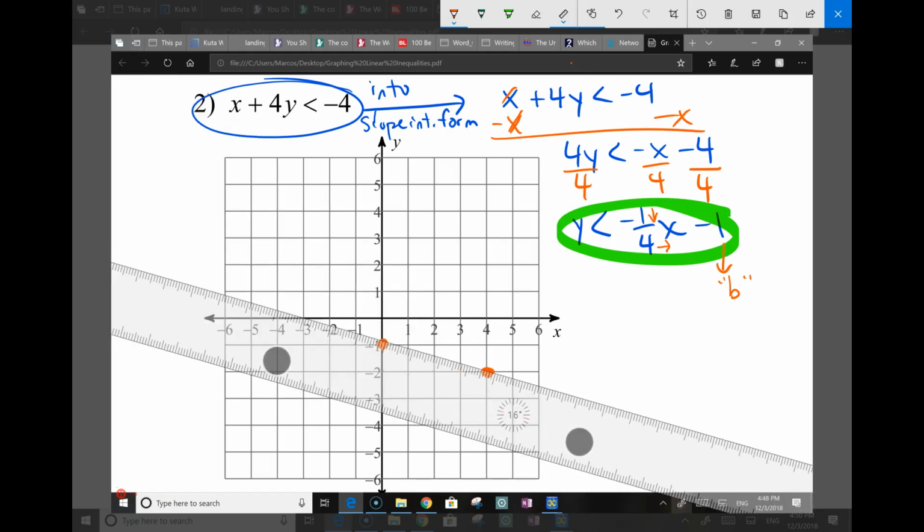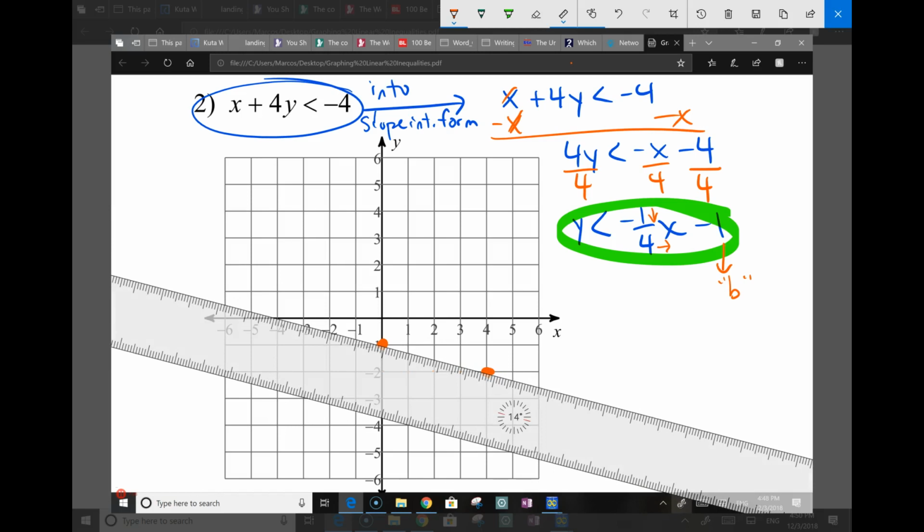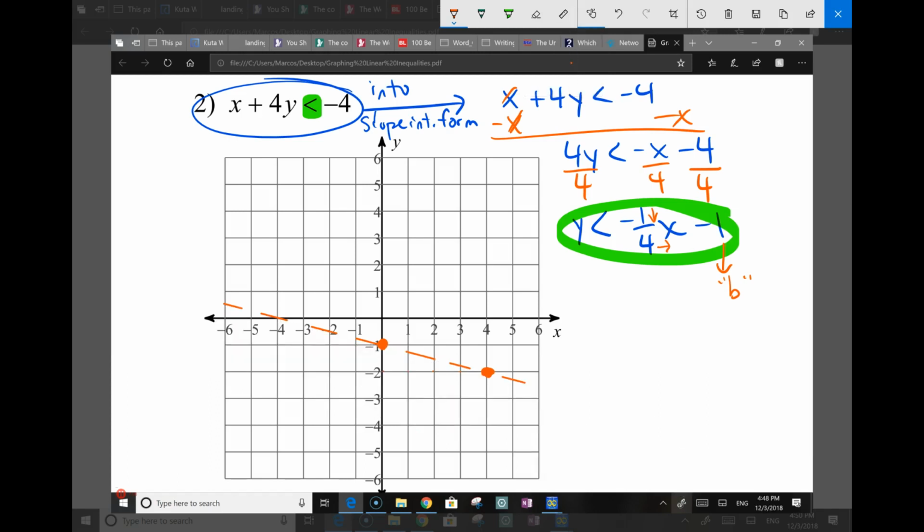The line I make will either be broken or solid, and this time my inequality is only less than, which means that my line will have to be a broken line. We don't have the equal component in there to make this line solid, so I do have to break it up.